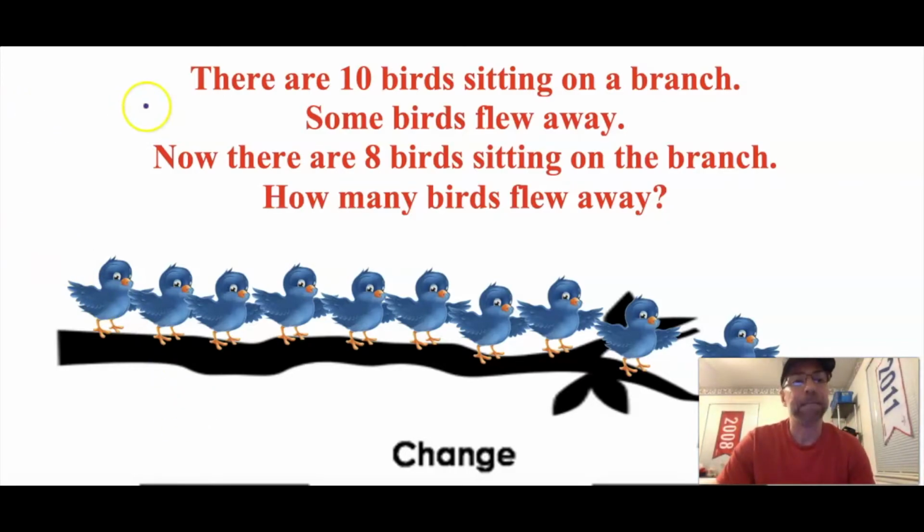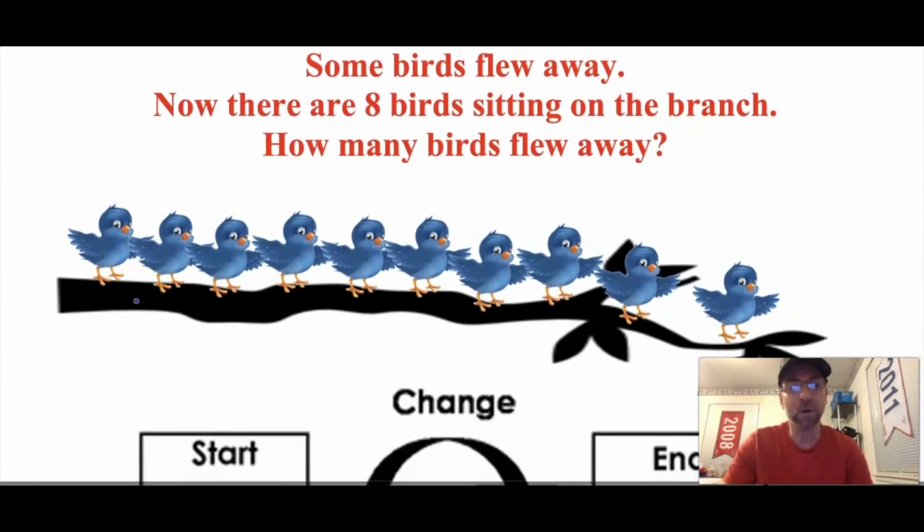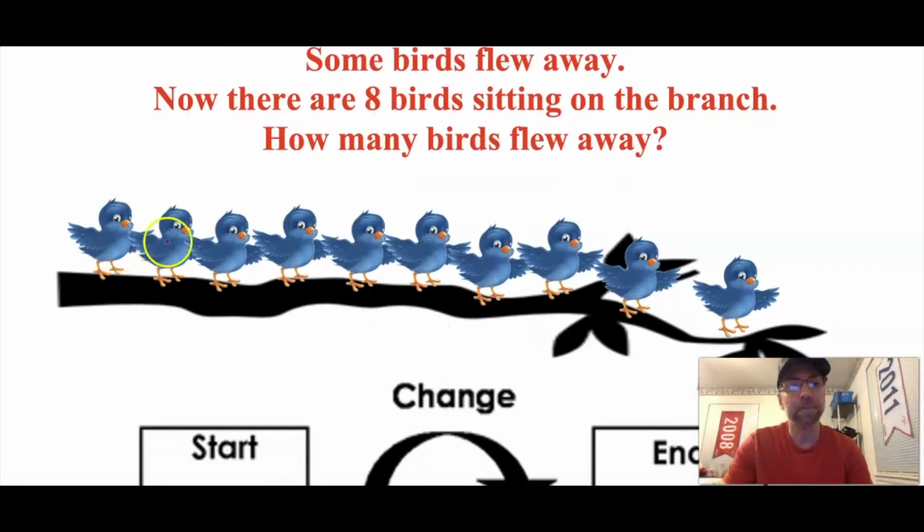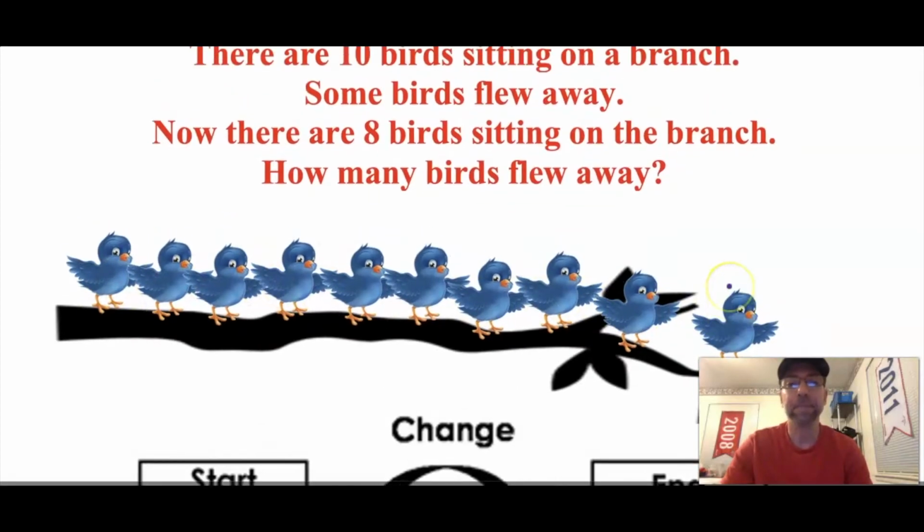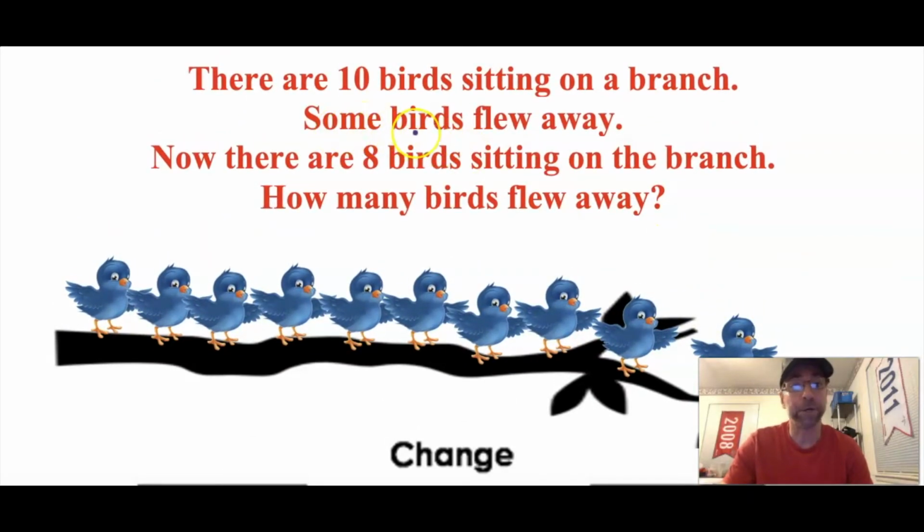Let's see. It says there are 10 birds sitting on a branch. You can see those 10 birds sitting on the branch. Here they are. Some birds flew away. Now there are 8 birds sitting on the branch.